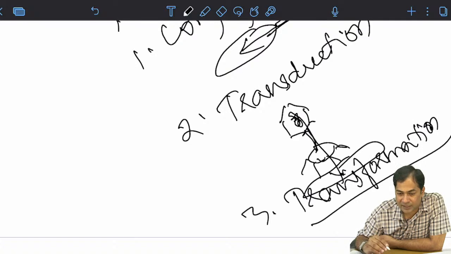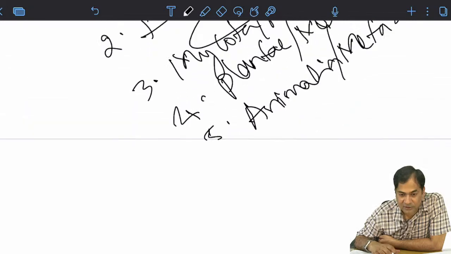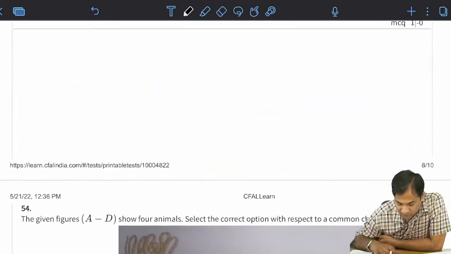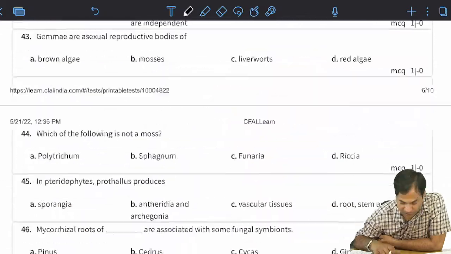Like R strain and S strain, if you remember. So transformation is transfer of genetic material from one bacterium to another, and that DNA will change the character of that bacterium. These are the three types of sexual reproduction in bacteria, but this is nowhere related to this particular question, so this option also should be wrong.